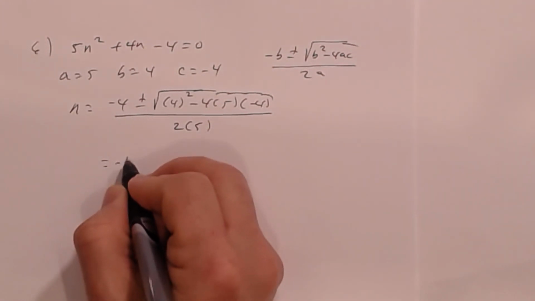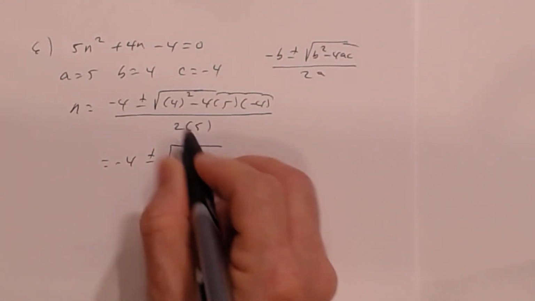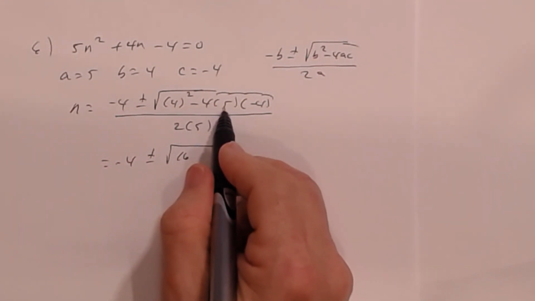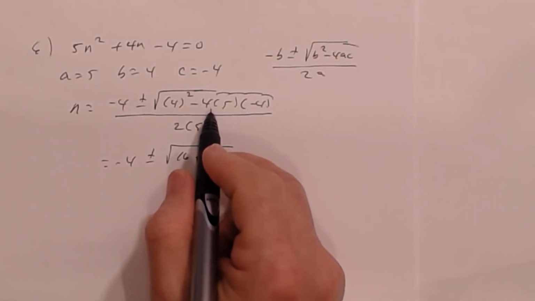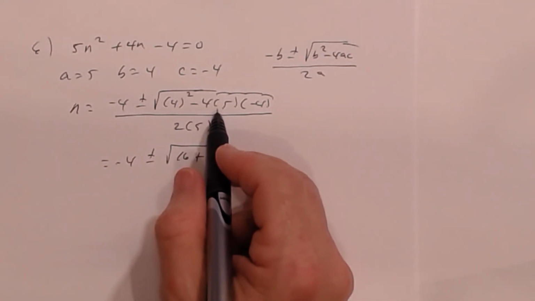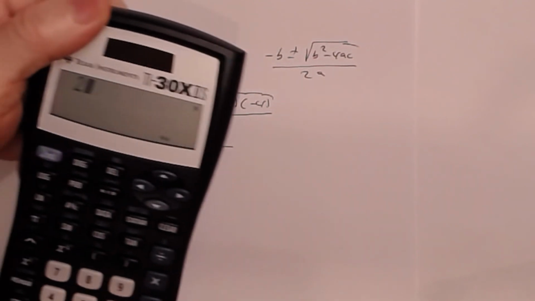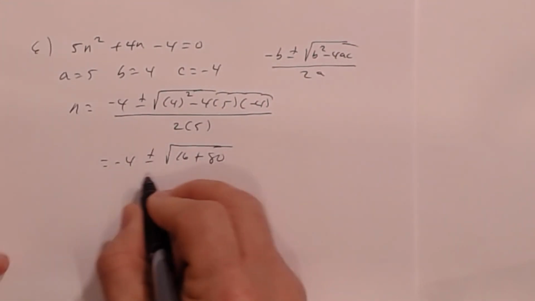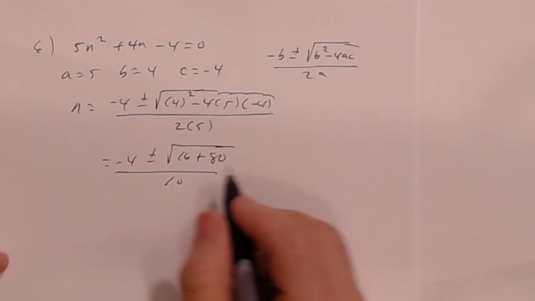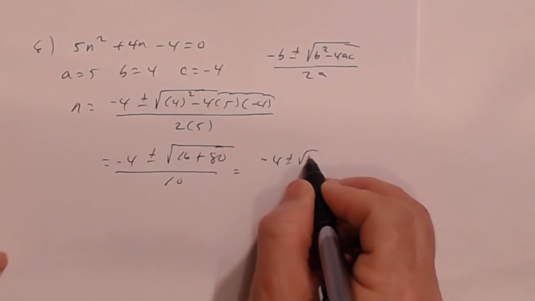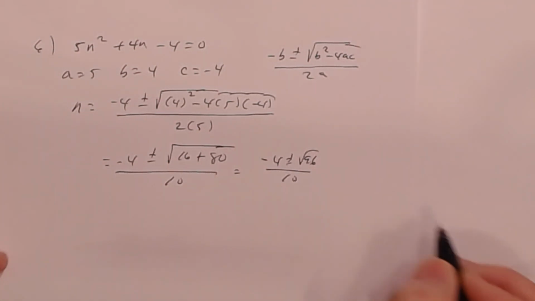So I get negative 4 plus or minus the square root of 4 squared, 16. Negative times a negative is a positive. 4 times 5 is 20, and then 20 times 4 is 80, all divided by 10. And then 16 plus 80 gives us 96 divided by 10.